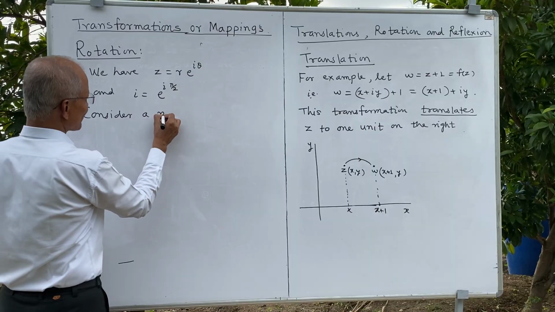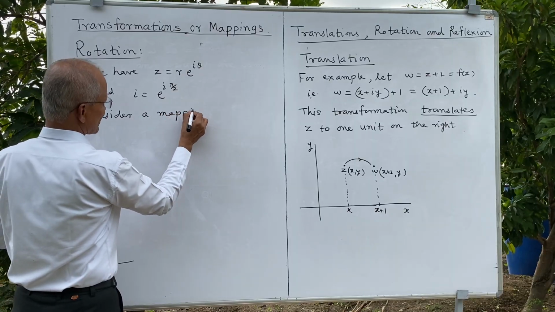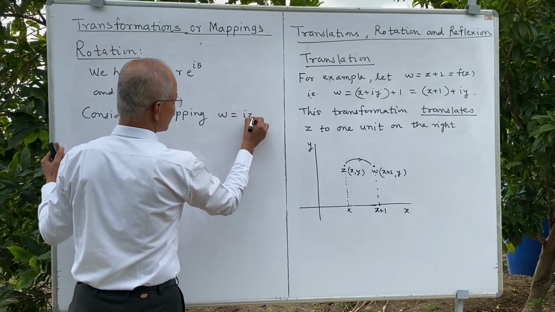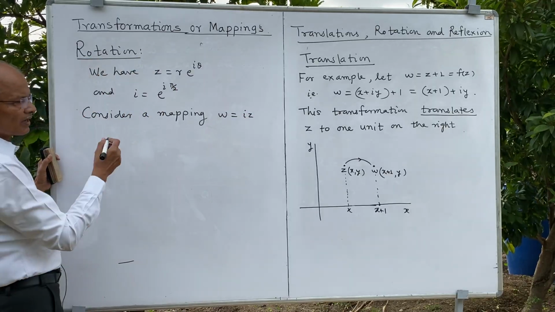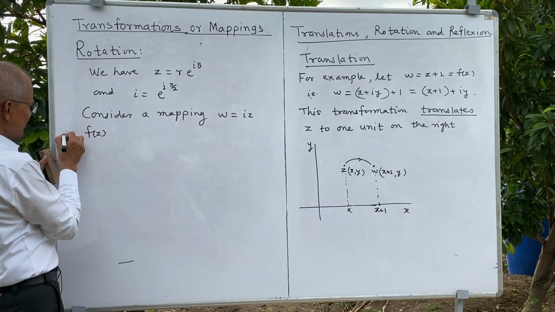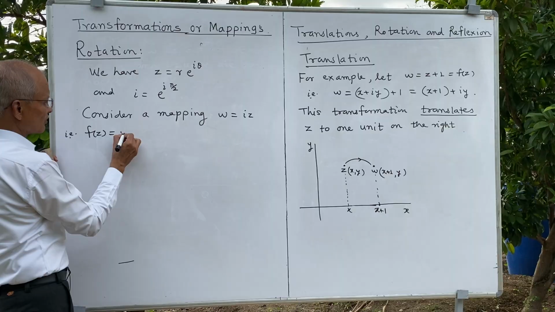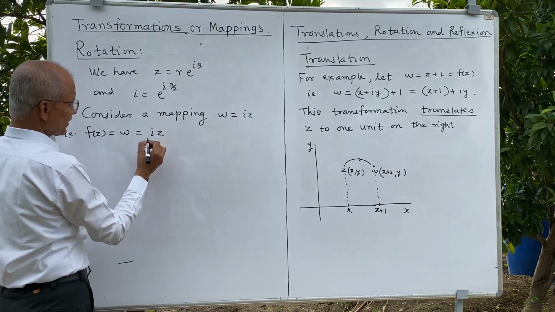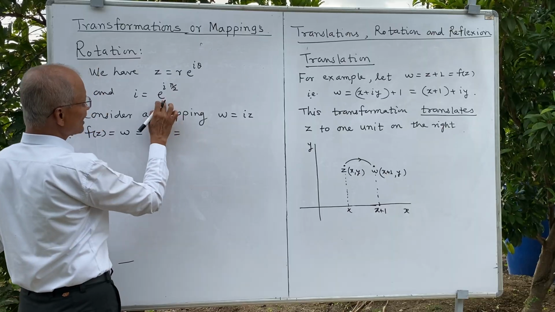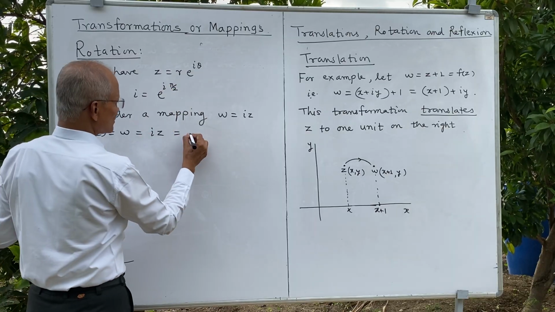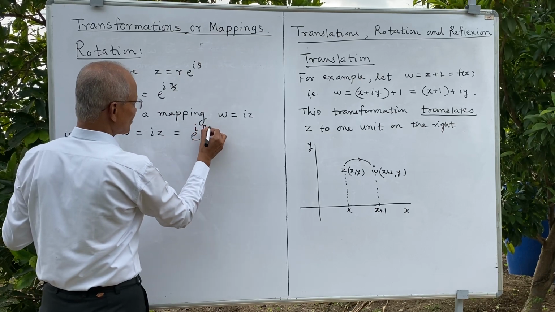Consider a mapping w is equal to i z, that is f of z is equal to w, which is equal to i z, and for i we can write e power i pi by 2.